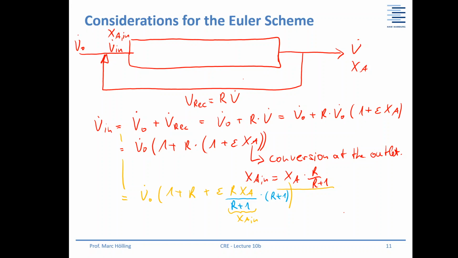And with this, I can just write my volume flow. Volume flow in is the volume flow at the initial position, and then 1 plus R plus epsilon XA in times R plus 1.